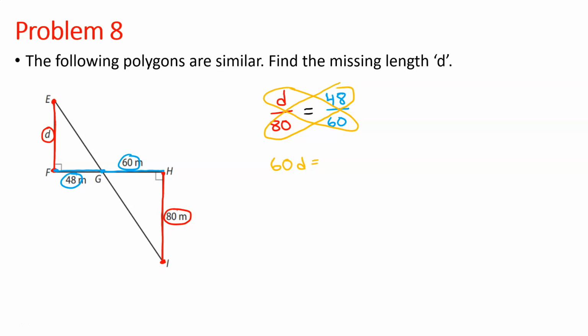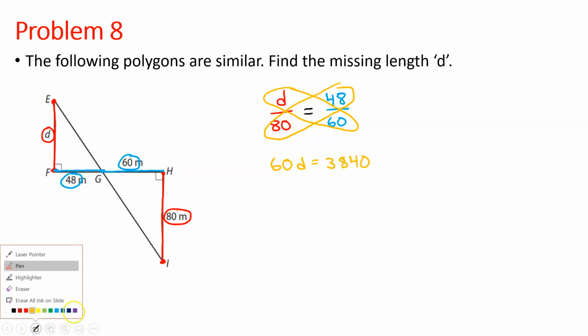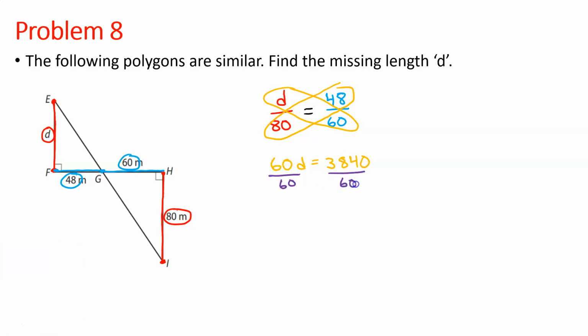Again, I don't know that off the top of my head. I'm going to have to multiply those together. 80 times 48, we get 3,840. All right, all I have to do is divide both sides by 60. 60 divided by 60 cancels, and we get D is equal to 3,840 divided by 60, which is 64.